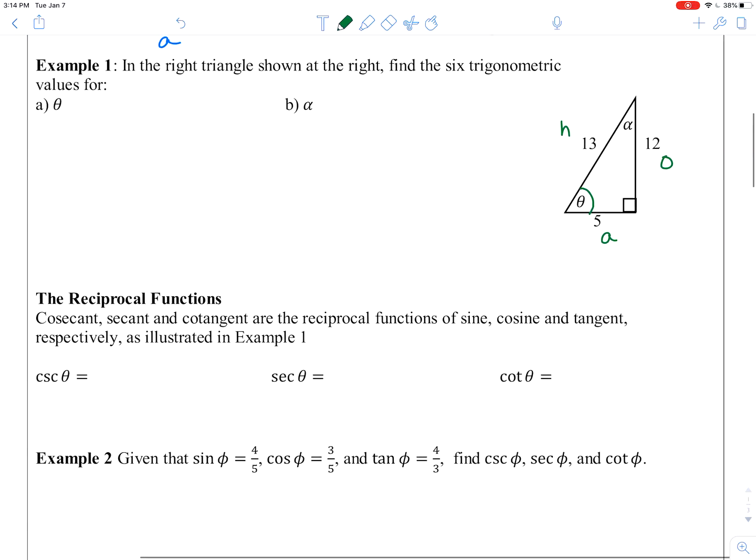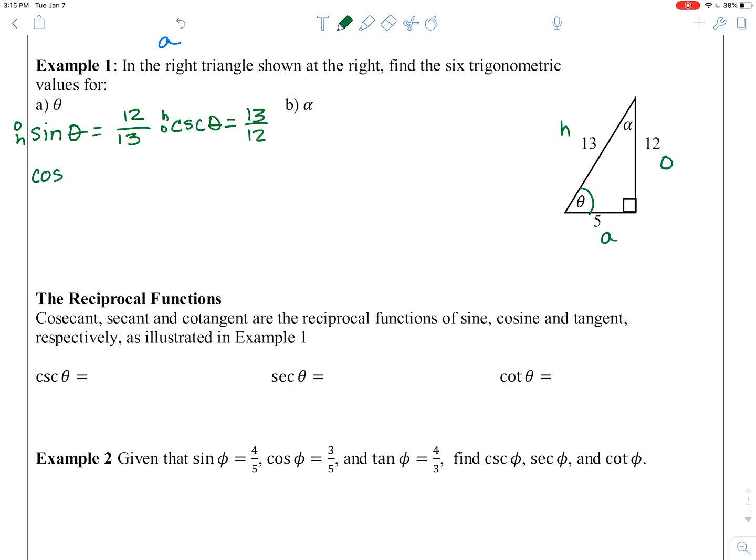So now that you have that labeled, you can say the sine of theta, which is OH, is opposite, which is 12, over hypotenuse, which is 13. And then you can just hop over to cosecant of theta, which is just H over O, or the reciprocal of that, and you get 13 over 12. You know one, you know the other. Cosine of theta, A over H, is just adjacent over hypotenuse.